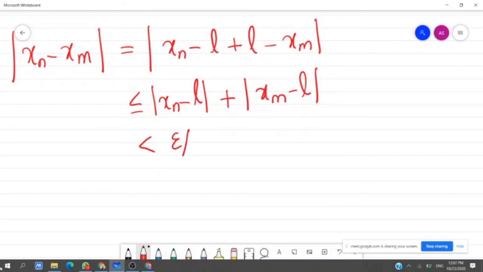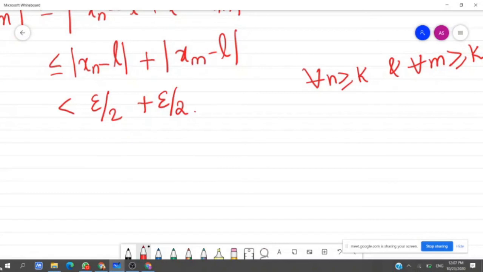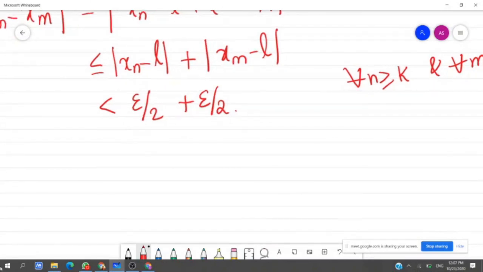And the second is also less than epsilon by 2 for all m greater than or equal to k. Then we will get epsilon.